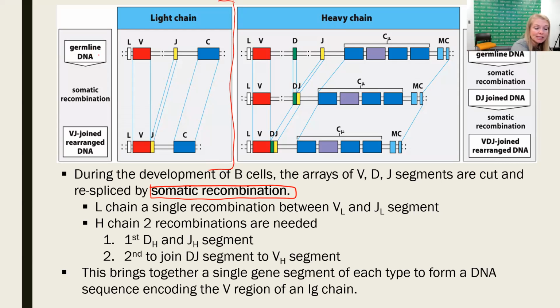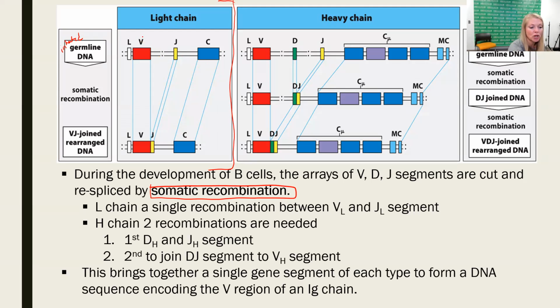We have our germline DNA. So this is what was inherited. In that inherited form, on the chromosome, nothing magic has happened yet. And so we have our variable segments, we have our joining segments, and then our constant region that follows.